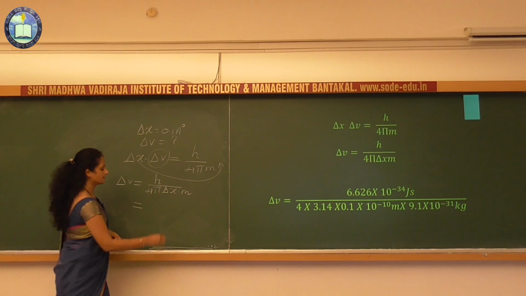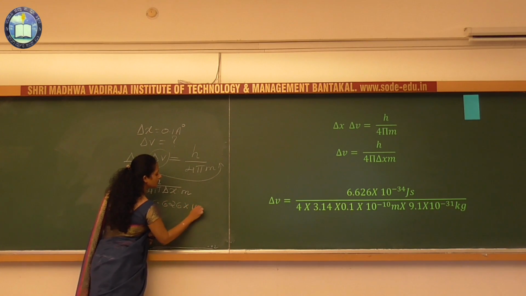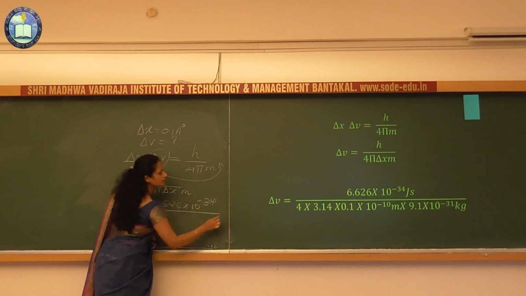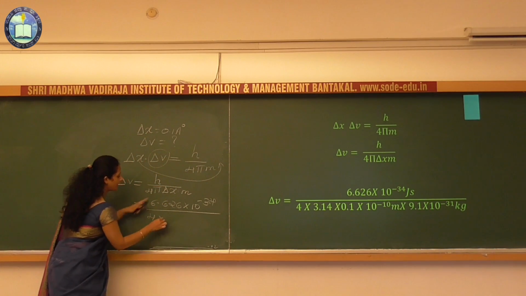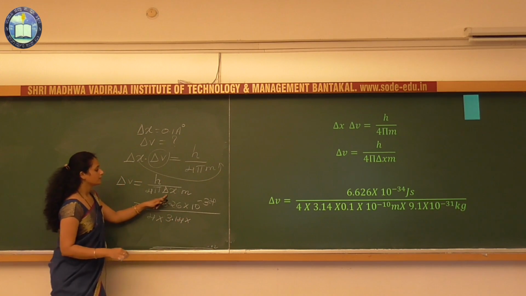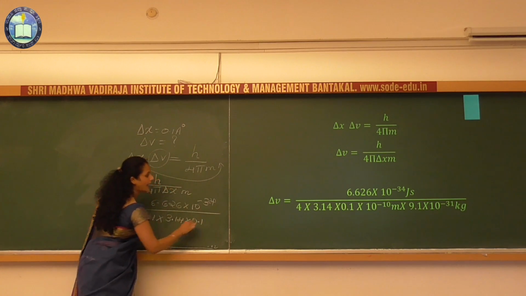H is Planck's constant, 6.626 into 10 to the power minus 34 joule second, divided by 4 into pi value 3.14 into the uncertainty in position 0.1 angstrom.